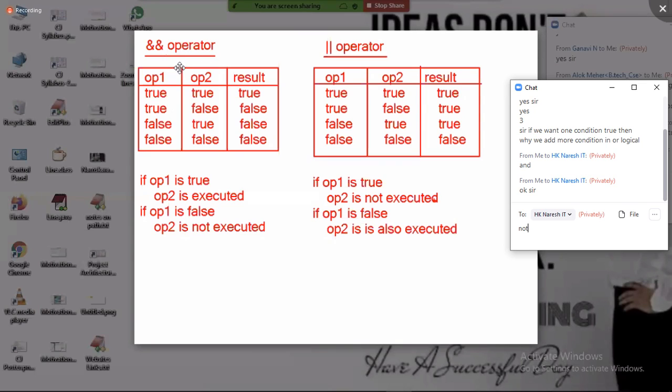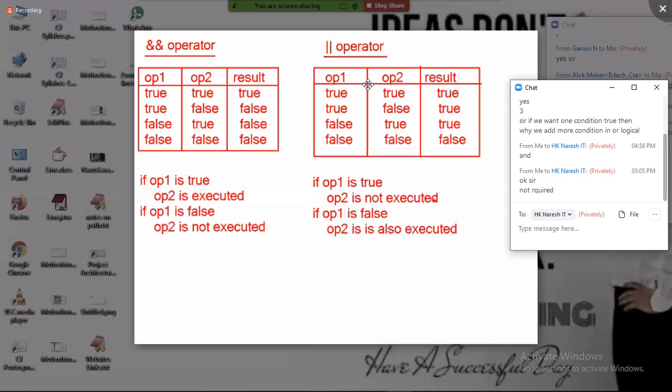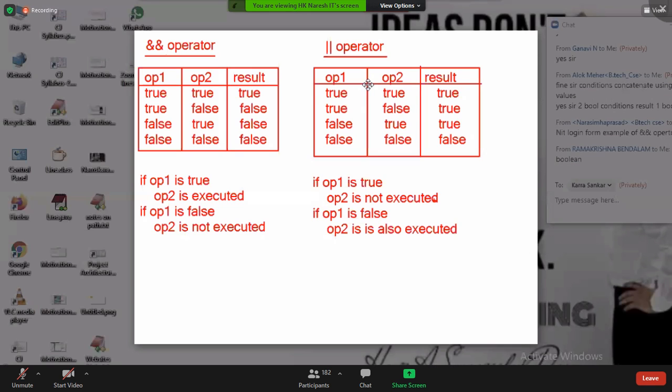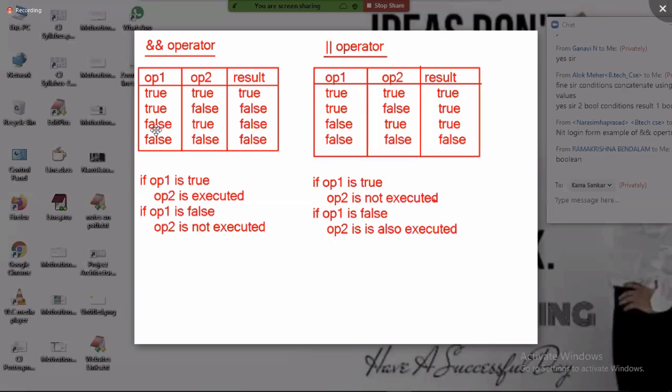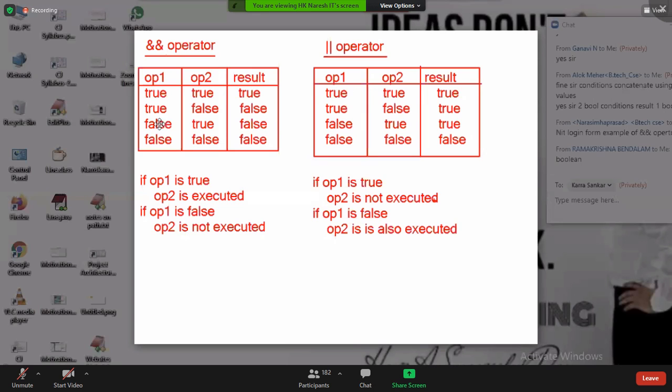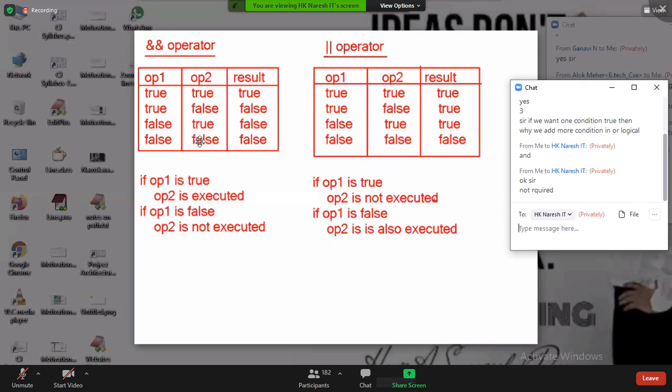So for logical AND and logical OR operators, the second operand may or may not be executed because the total result depends on the first operand's result. If the first operand result is false, the second operand is not executed, and we directly get the result false.